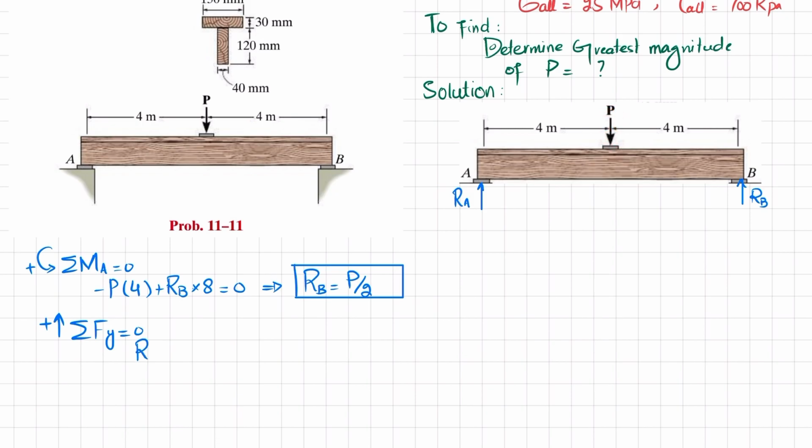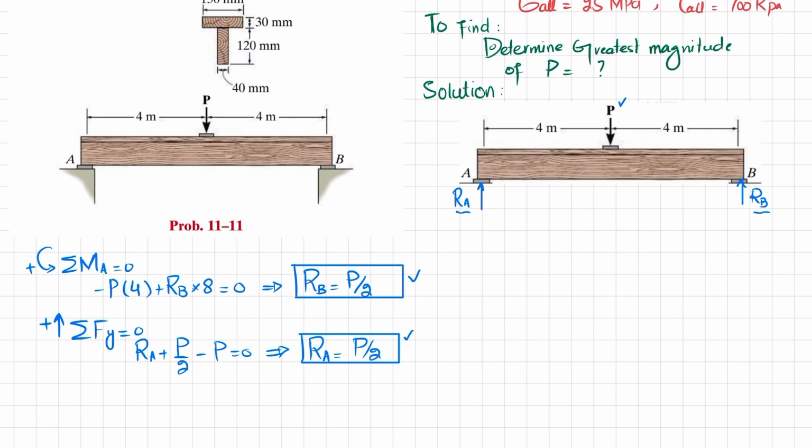So RA plus RB, which is P by 2, minus P is equal to 0. From here you will get RA also equal to P by 2. Also you can calculate it directly. You can see this is P, so only this P is supported by 2 reaction forces. So P will be divided by 2, so each reaction force will be P by 2.